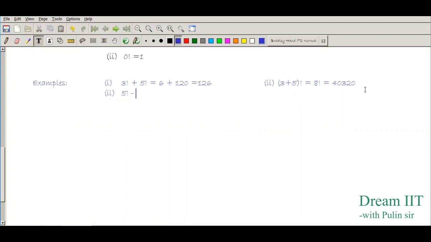So 5 factorial minus 3 factorial, that will be 120 minus 6. That gives you 114. Whereas if you find 5 minus 3 whole factorial, that gives you 2 factorial, and leads you to the answer 2.